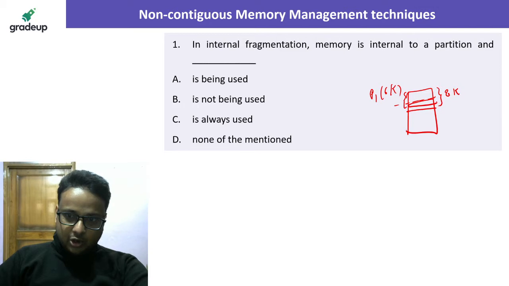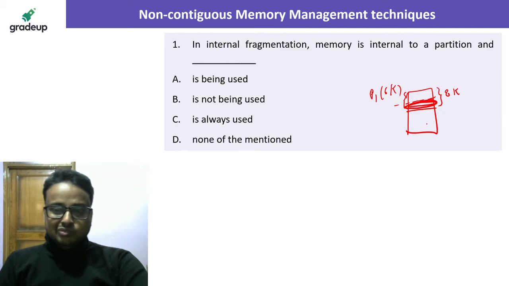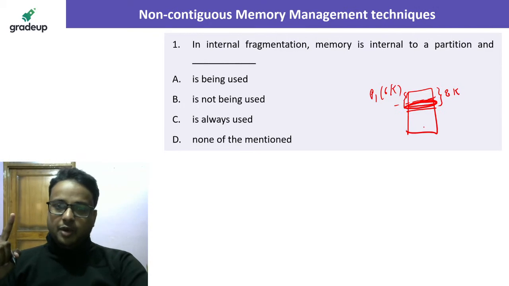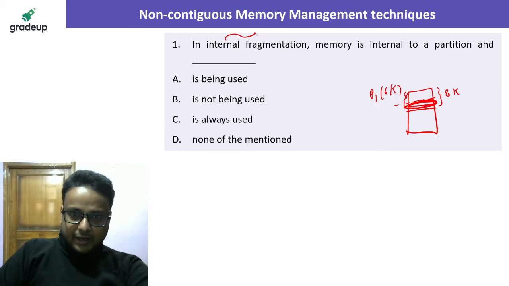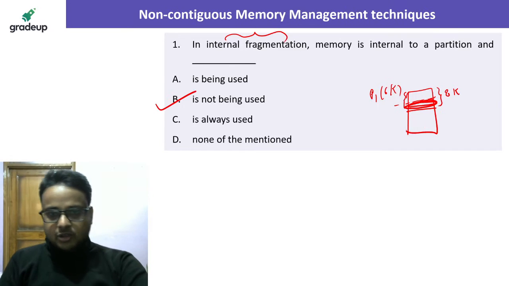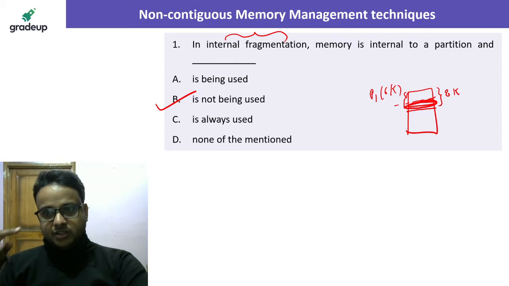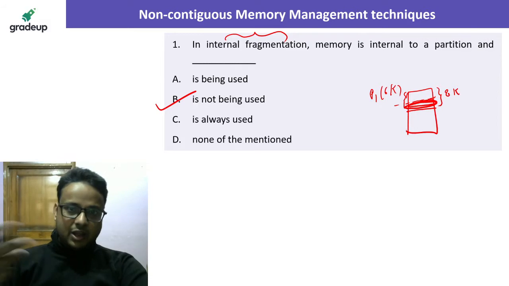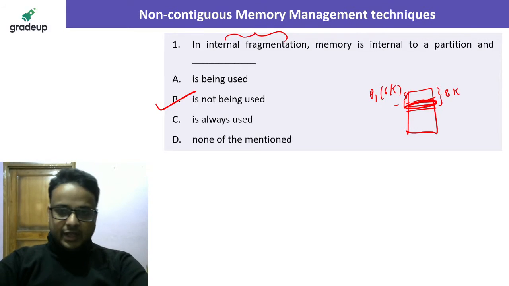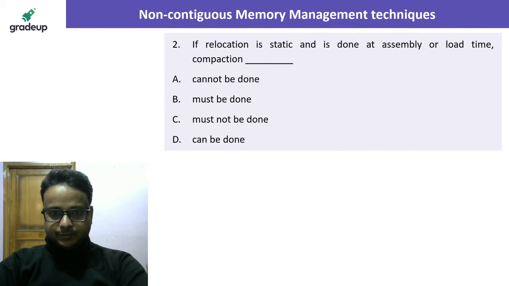Now this remaining memory will not be used, because in one block only one process will go in internal fragmentation. So the answer of this question will be option B. Basically memory is not used. Memory will not be used in internal fragmentation. Only then do we say it is internal fragmentation.